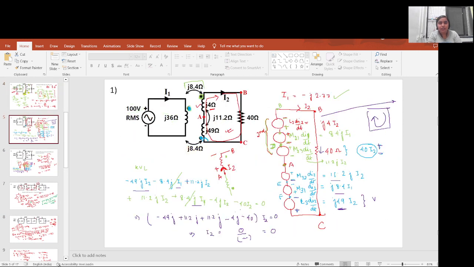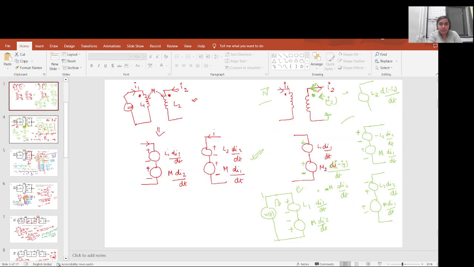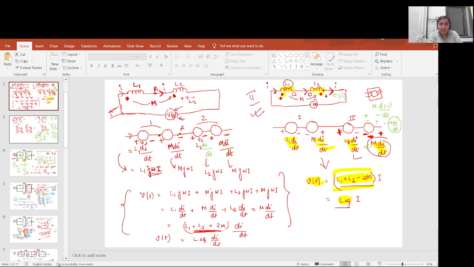Depending on what you are given, take note of the sign convention and apply KCL or KVL, the basic equations that we have. But note the mutual inductance, looking into the dot convention, because these assignments primarily focus on the dot convention. If you are clear about these four cases, then you can easily solve whatever is given in the question, because the principle is ideally the same.